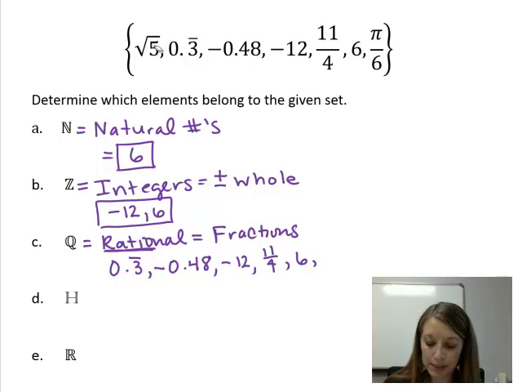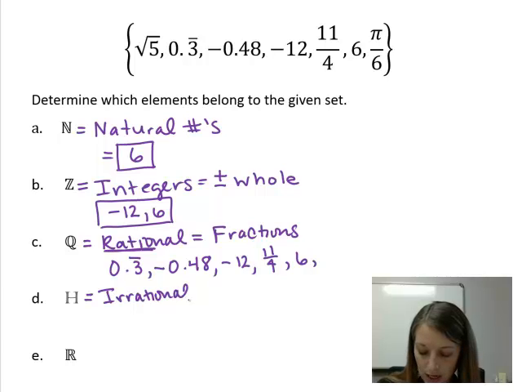Moving on to example D, H stands for the irrational numbers. And remember, there's two ways to think about this. Those numbers that aren't rational, or those numbers that aren't in part C, or those numbers that don't stop and don't repeat. And remember, most of these come from square roots that don't simplify evenly.